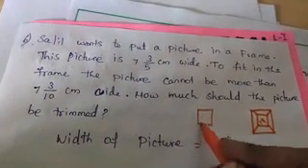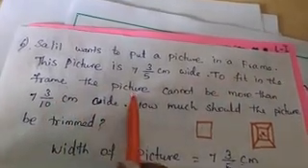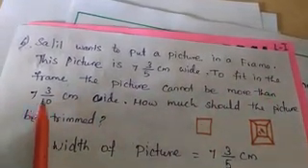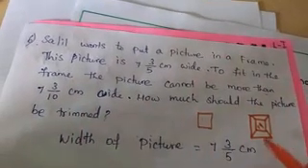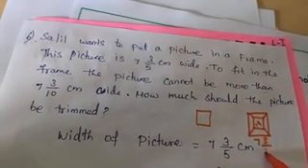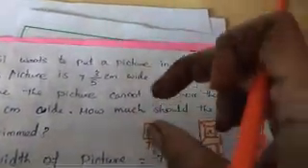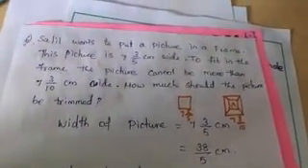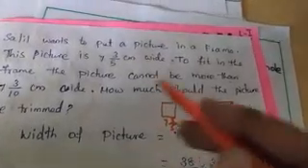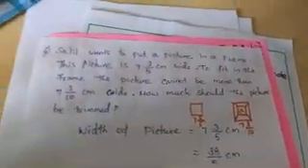To fit in the frame, the picture cannot be more than 7 3 by 10 centimeters. The frame width is 7 3 by 10 and the picture width is 7 3 by 5. So when we want to put this picture inside the frame, it should not exceed that.